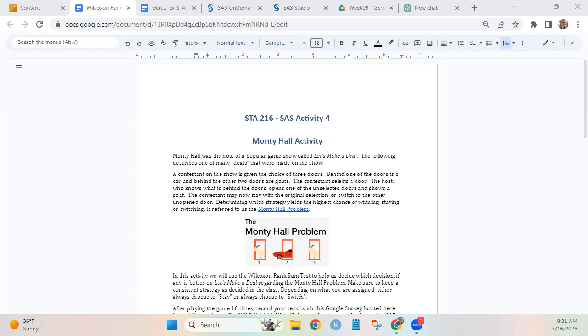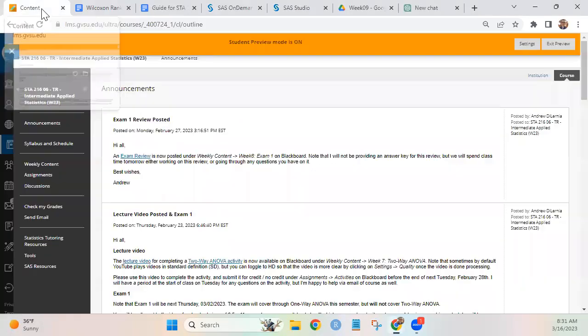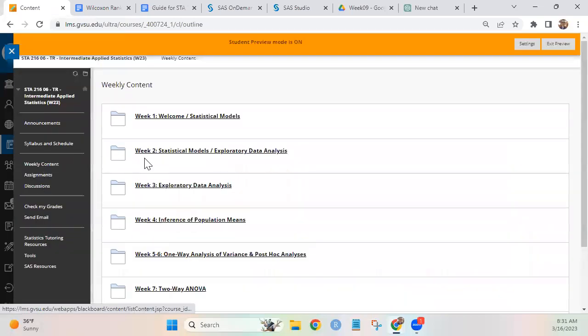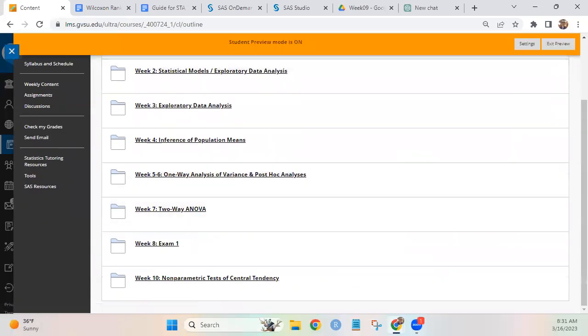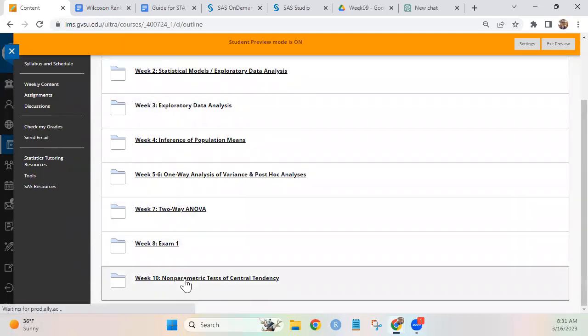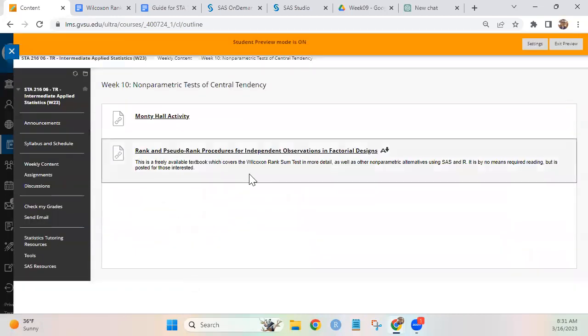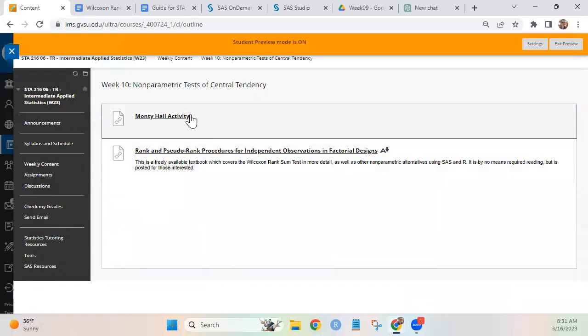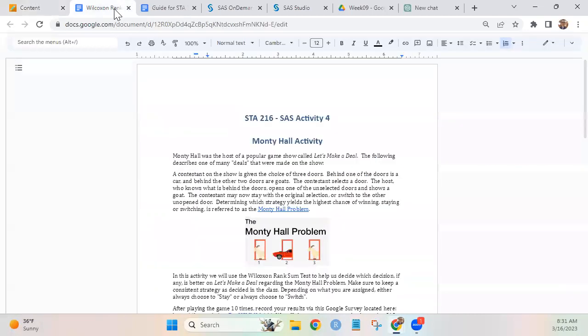All right, so we're going to continue looking at SAS Activity 4 today, which you can find under Weekly Content, Week 10 Non-Parametric Test. Okay. So as a reminder, we are looking at this Monty Hall activity as it's related to the Wilcoxon rank sum test.